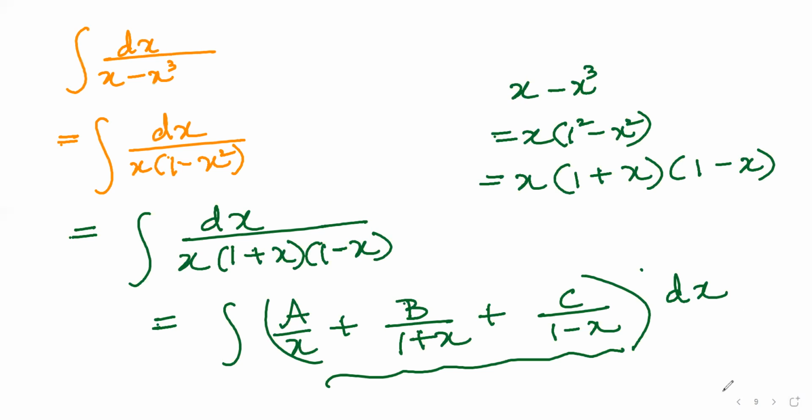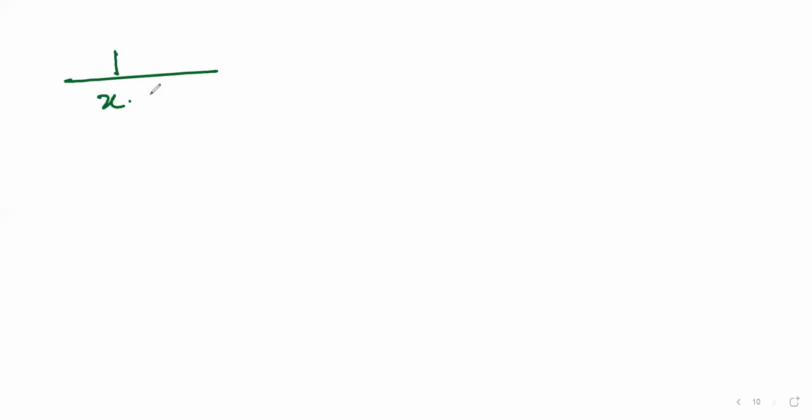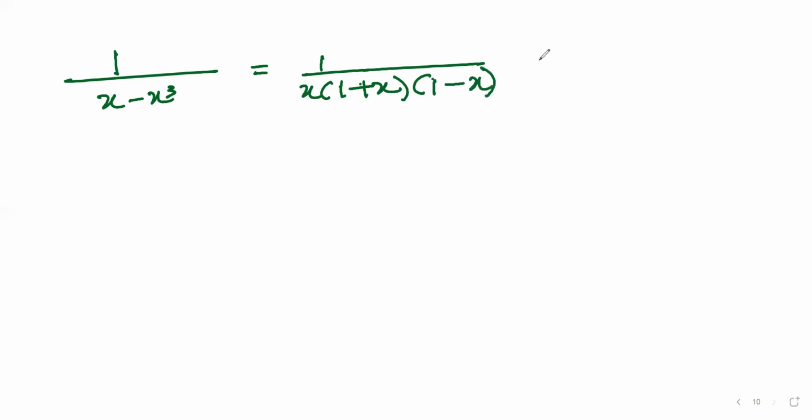So moving on, 1 over x minus x cube is nothing but 1 over x into 1 plus x into 1 minus x, which is equal to a by x plus b upon 1 plus x plus c upon 1 minus x.